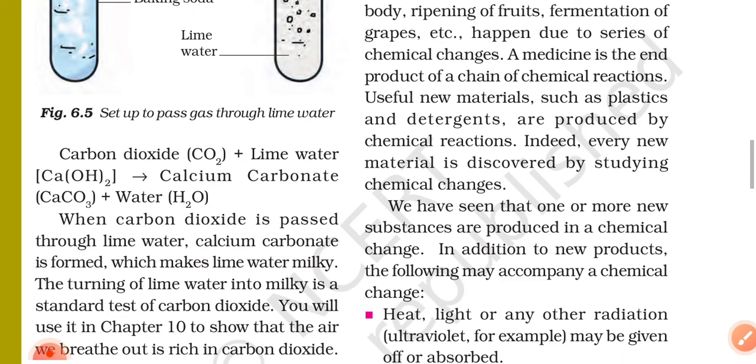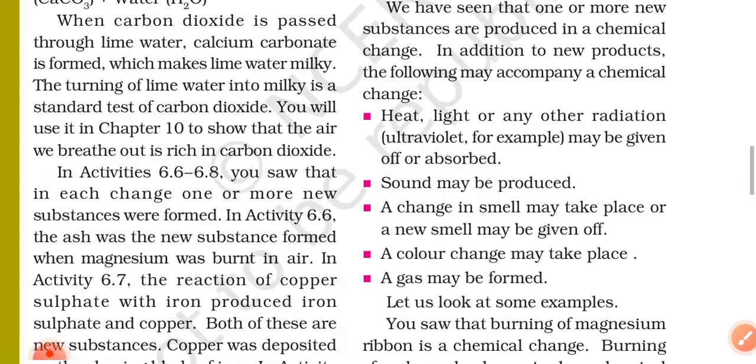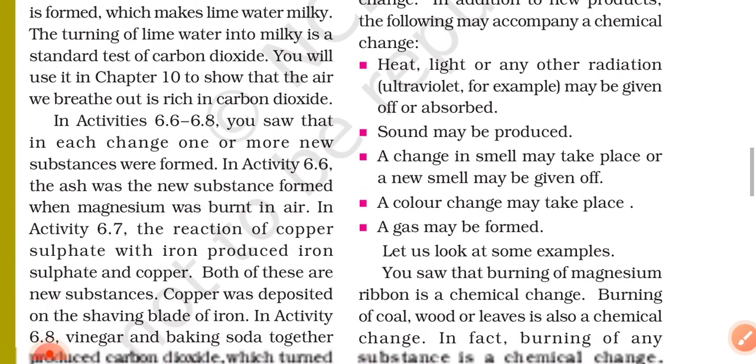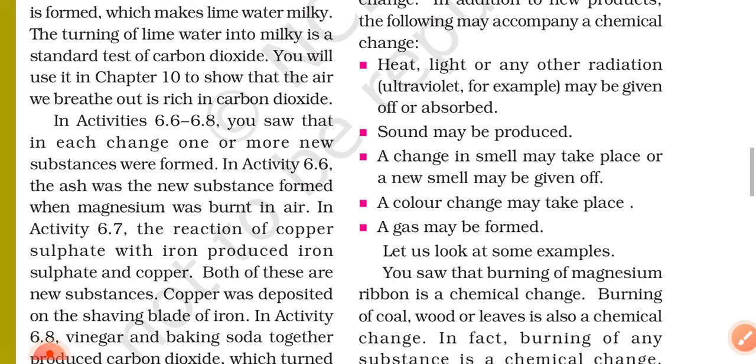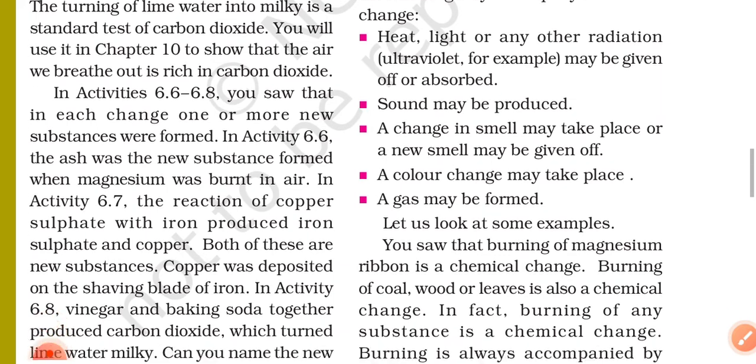In addition to new products, the following may accompany a chemical change: heat, light, or any other radiation, ultraviolet for example, may be given off or absorbed. Sound may be produced. A change in smell may take place or a new smell may be given off. A color change may take place. A gas may be formed.